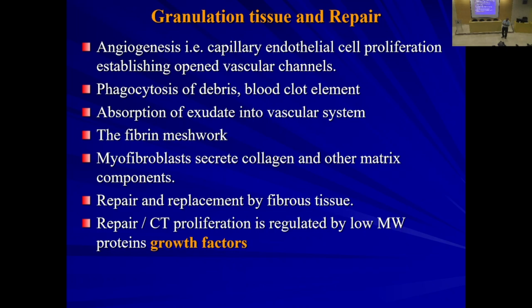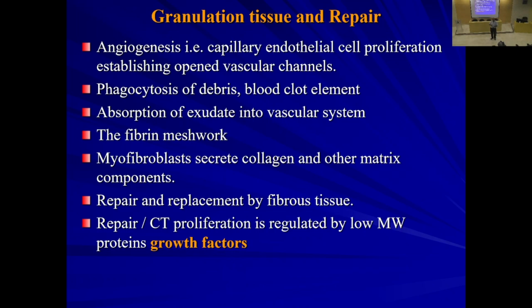From both sides of the wound, there will be a growth of capillary blood vessels to establish the circulation between both sides, both ends, as in the fracture. These capillaries will initiate a proper circulation, and it will facilitate the chemotaxis, that is the escape of the monocytes from the vascular system outside.